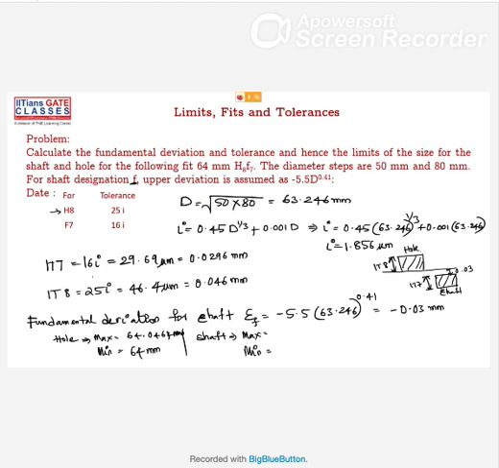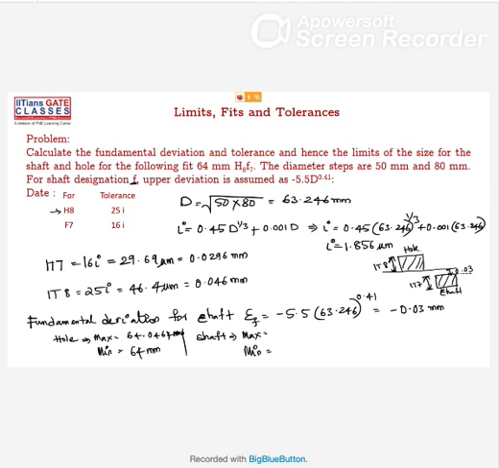What is 64 minus 0.03? Abhishek, please check. 64 minus 0.03 is how much? 63.997. Abhishek, you may have made some mistake. Please see. Oh, you took it accurately, fine.